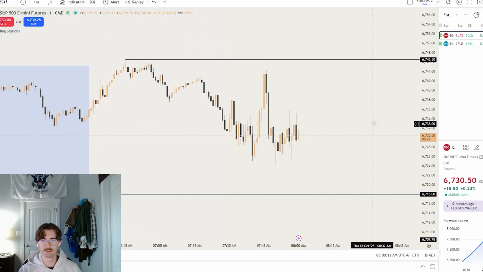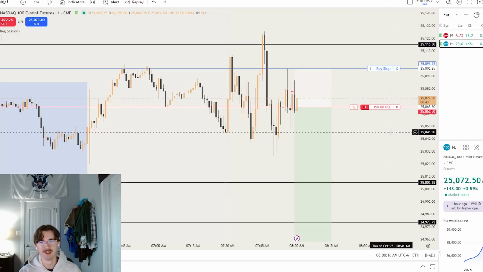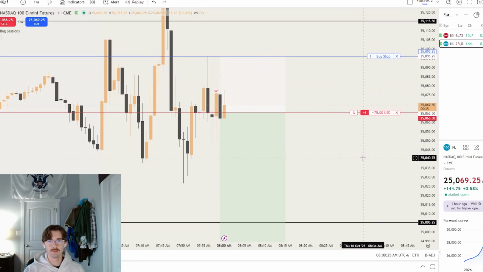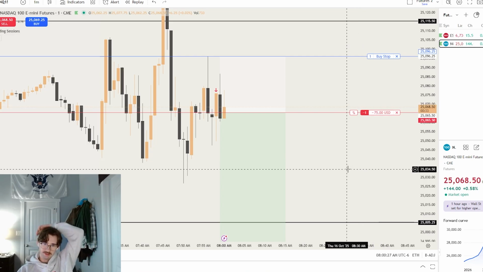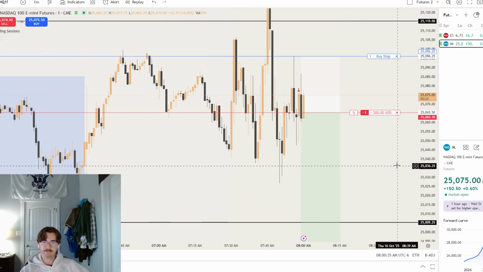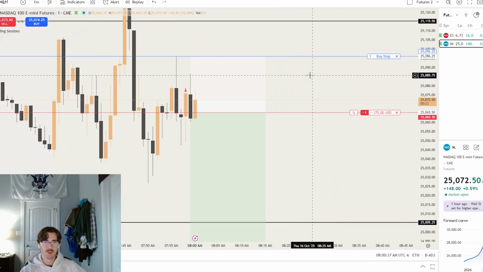This is just straight consolidation, bro. Oh my god. Just straight consolidation. I really want to see a move out of this. I'm just going to watch what happens right here, especially with fib.